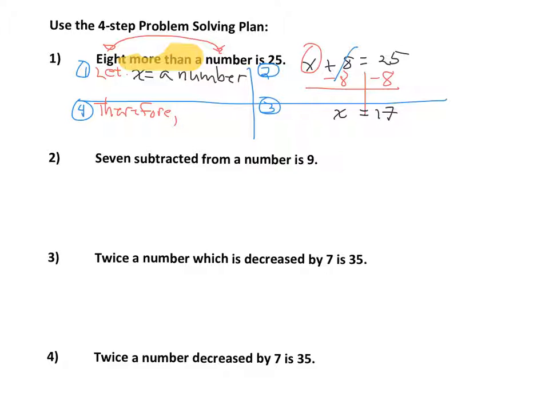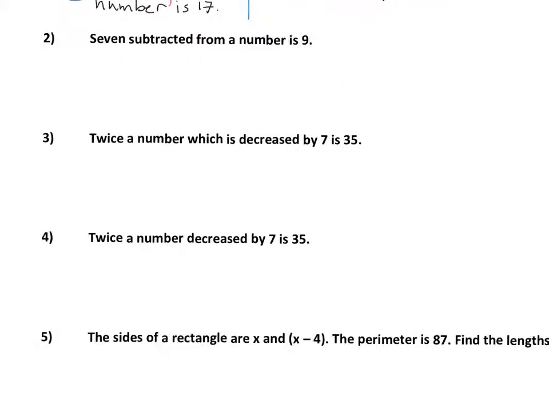What you're not going to do is write out, therefore x equals 17. So there's no equation in a sentence. You have to use all words. So, therefore, the number is 17. That's it.